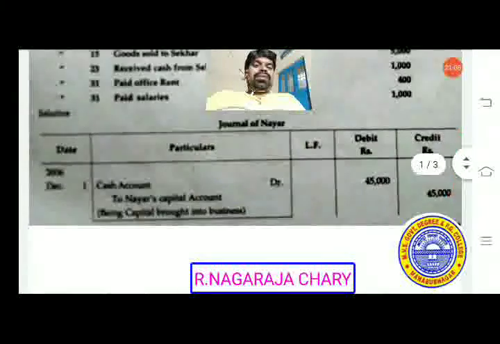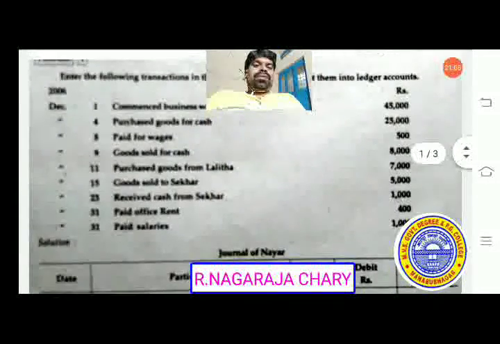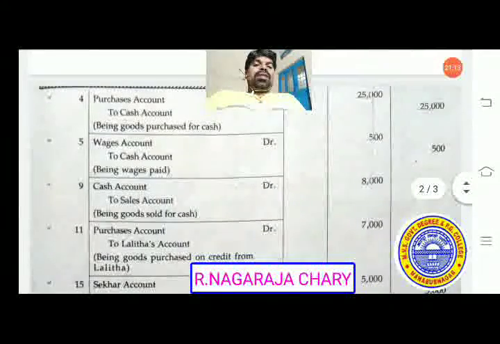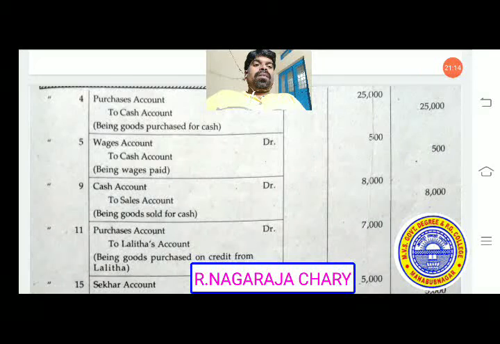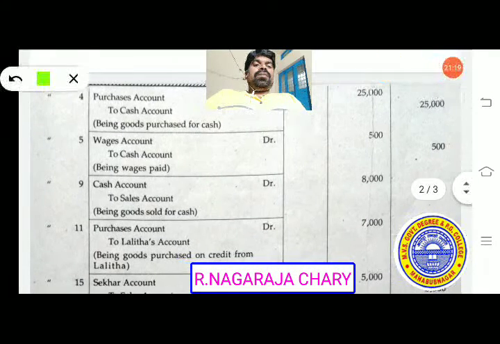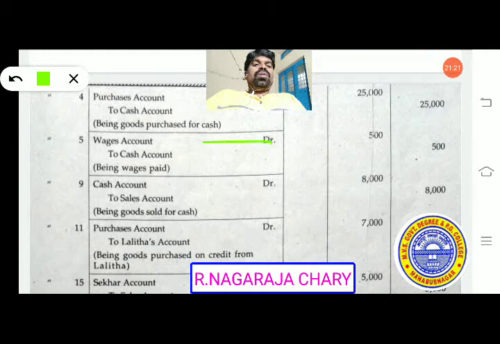Next, after completing the fourth date, we see paid for wages, that is 500 rupees. Here wages is an expenditure. According to nominal accounts, wages are to be debited. So wages account debtor to cash account.